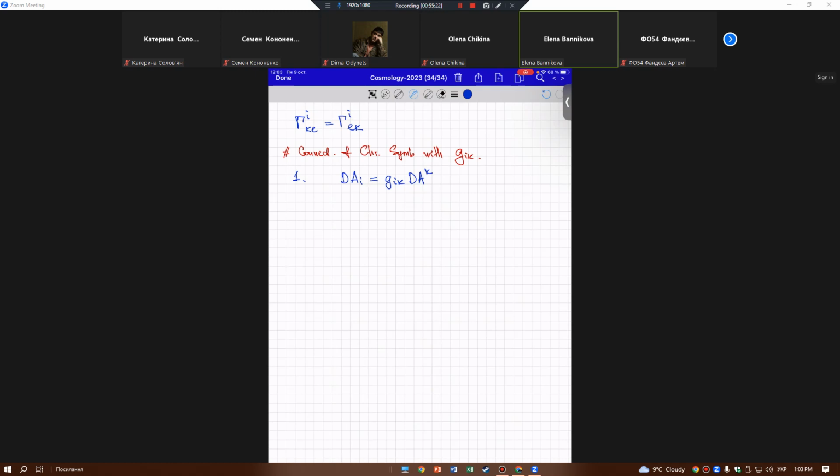From another side, the same tensor, same vector, we can also consider as to apply this rule. This is like this. And after this, we can apply the operation of differential.